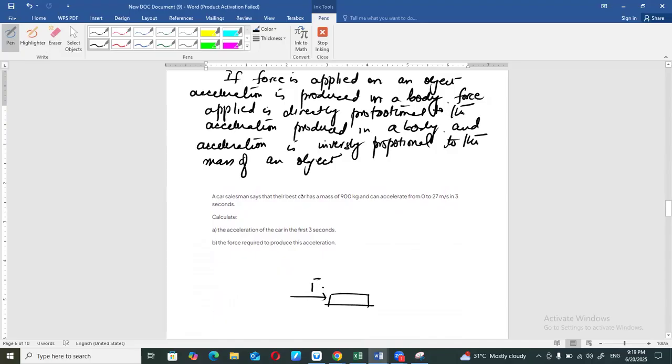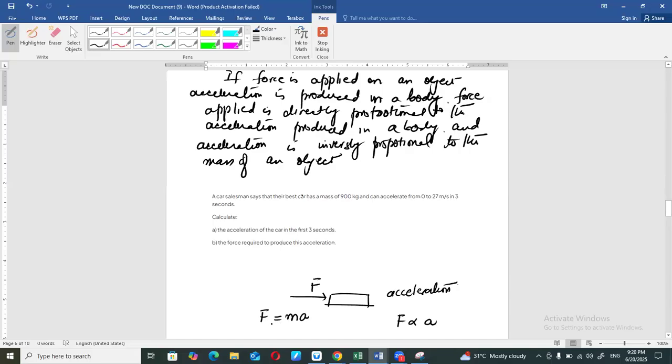Newton is saying when force is applied, acceleration is produced. And what is acceleration? Rate of change of velocity. So we can say that force is directly proportional to a. If you remove that proportional sign, mass is a constant quantity that comes up. Because both are in product form, acceleration and mass are inversely proportional.